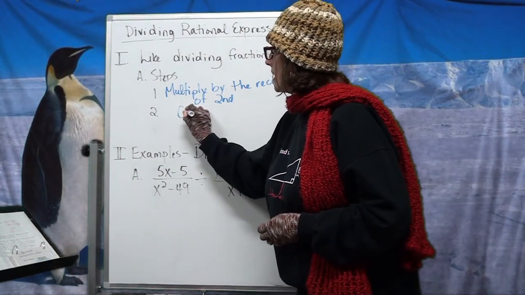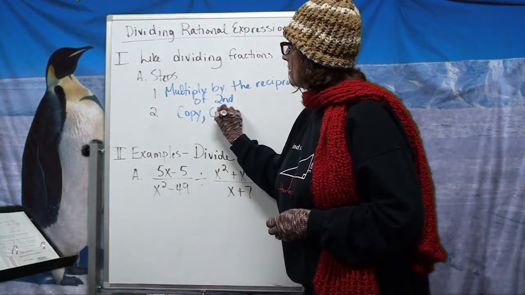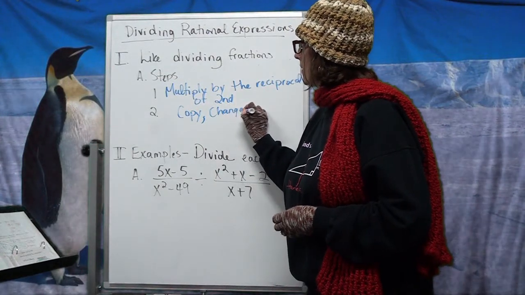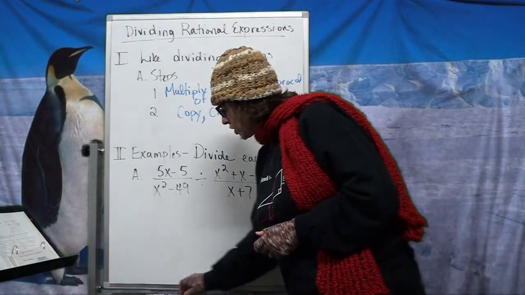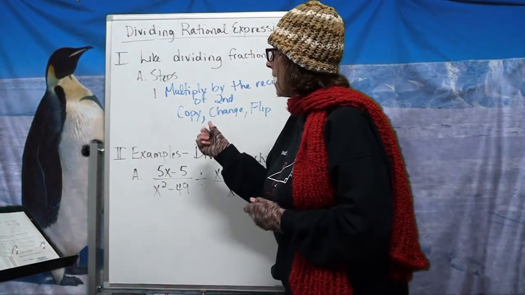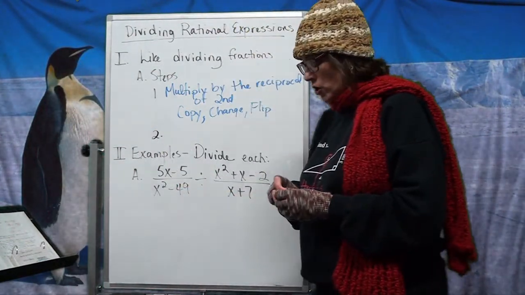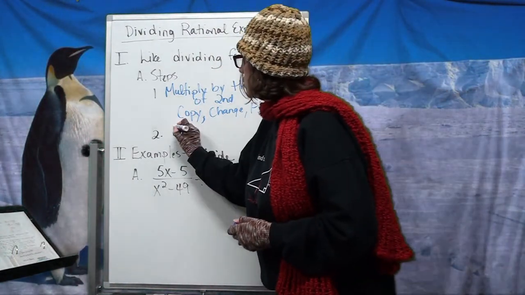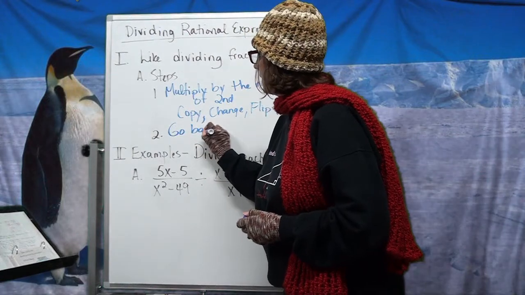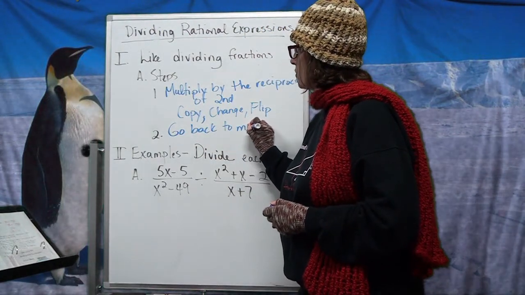In other words, what that indicates is copy, change, flip, and then like I said, once you do that, you have gone right back to your multiplication rules. So that would indicate the second step, which kind of isn't a step, but I'm going to go back to multiplication rules.